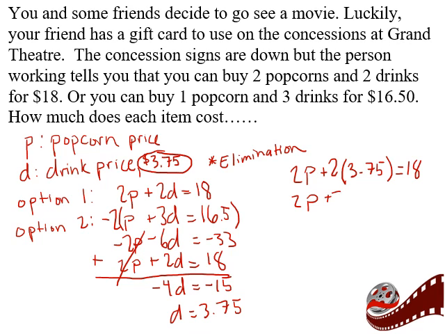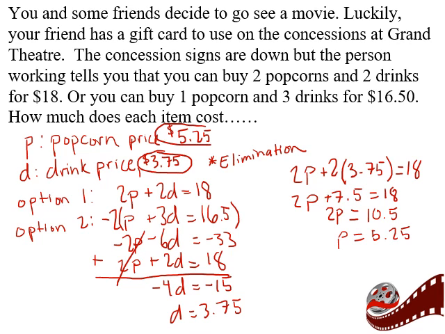I get 7.5. When I subtract that over, 2p equals 10.5. And dividing by 2, p equals 5.25. And again, to answer my question, p stood for the price of popcorn. So we're going to list it as dollars and cents, $5.25.